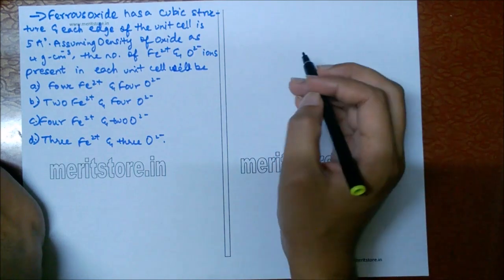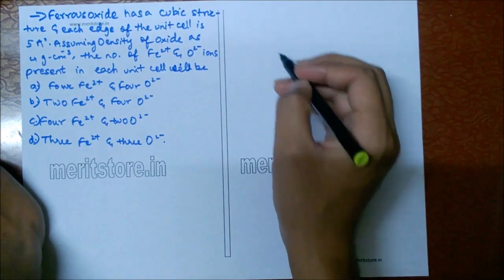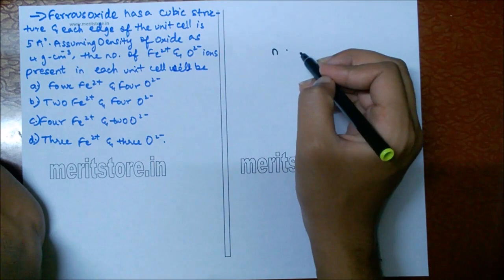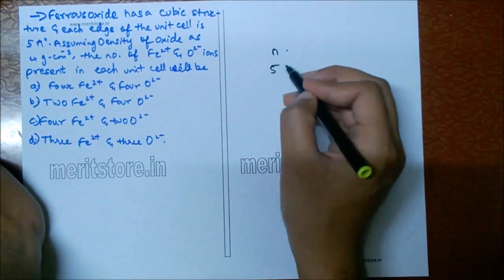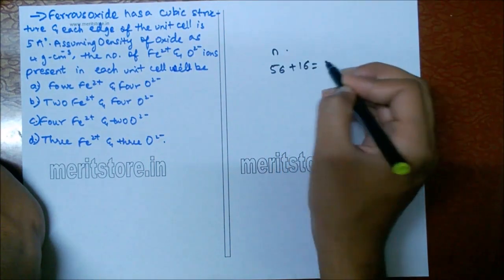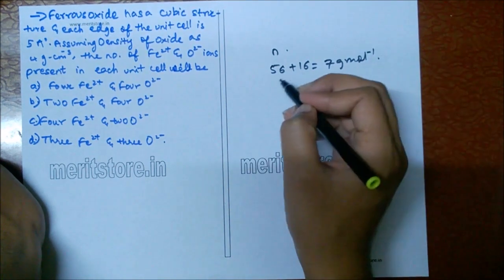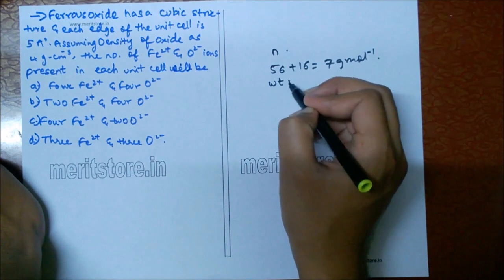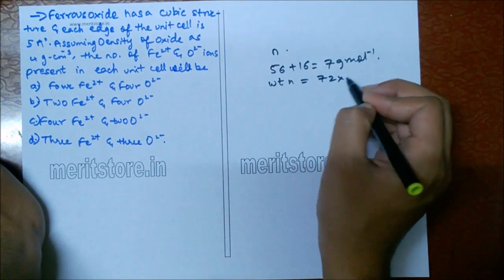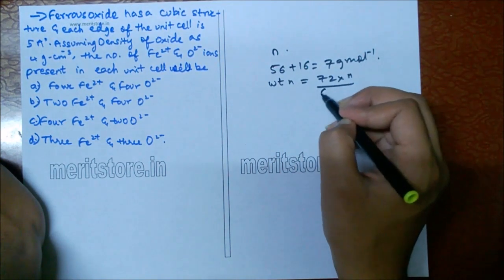Let the number of units of ferrous oxide in a unit cell be N, and the molecular weight of ferrous oxide is 56 plus 16, which is equal to 72 gram per mole. Weight of N units is equal to 72 into N divided by Avogadro number.